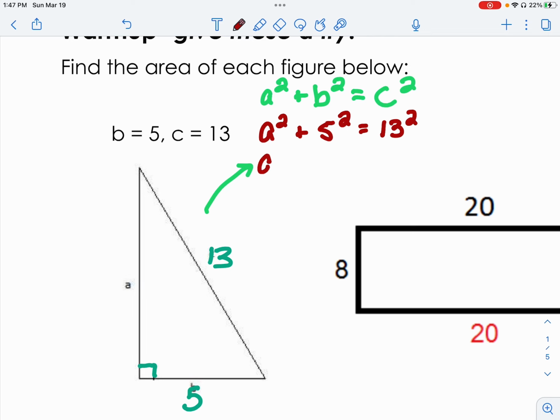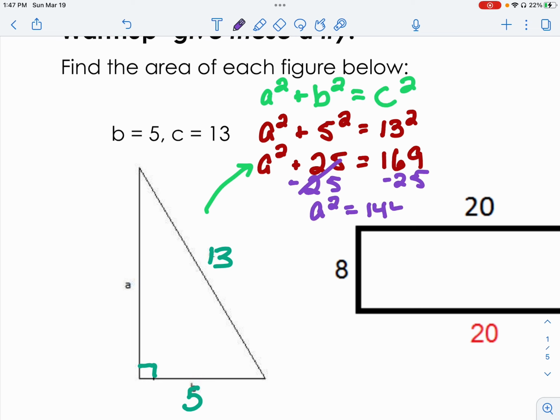So I go ahead and drop down my a squared. 5 squared is 25, and 13 squared is 169. So then moving from there, go ahead and subtract 25 from both sides, and I'm left with a squared equals 144.